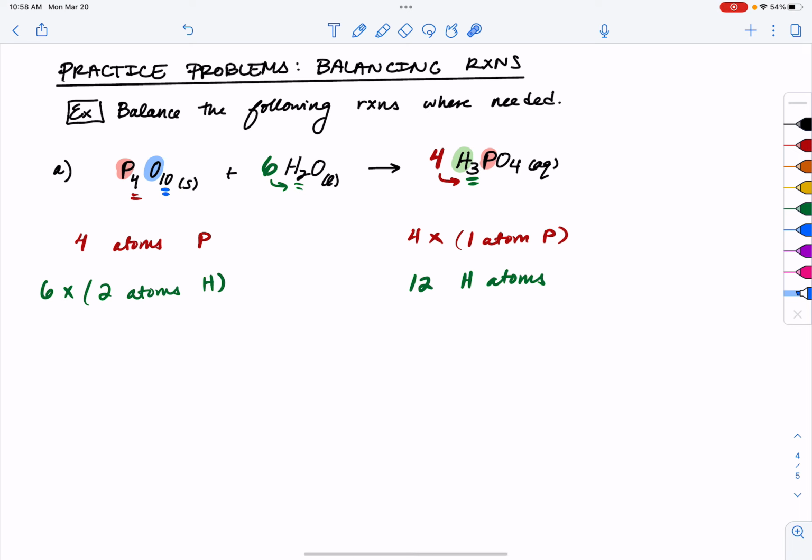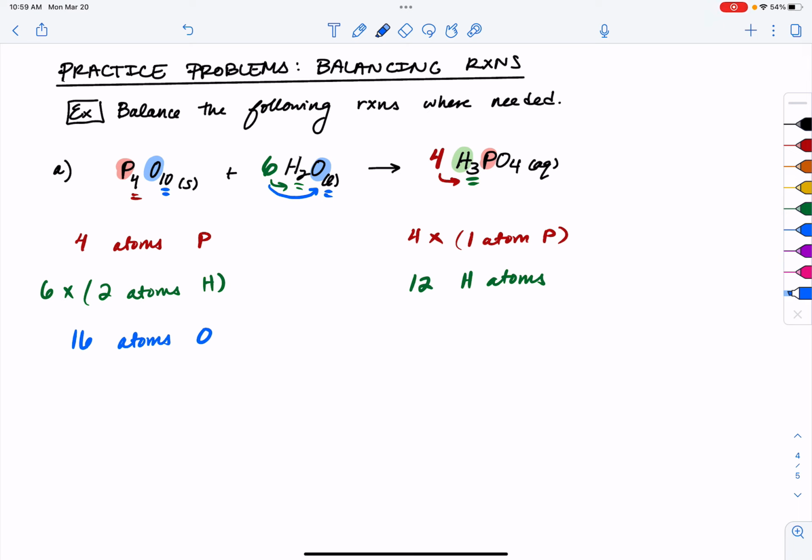I've also got water here, and I have to take into account that my water molecule has been multiplied by 6. So I have 10 oxygen atoms from my P4O10, and I have now 6 times 1, 6. This leaves me with 16 atoms of oxygen.